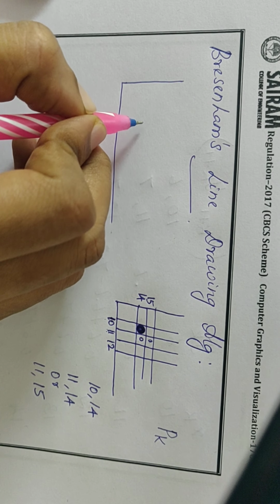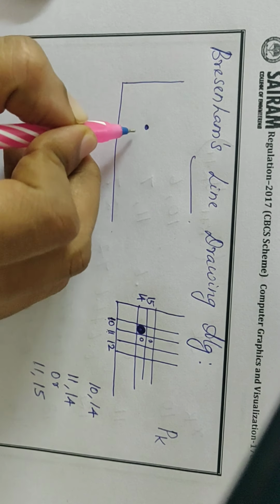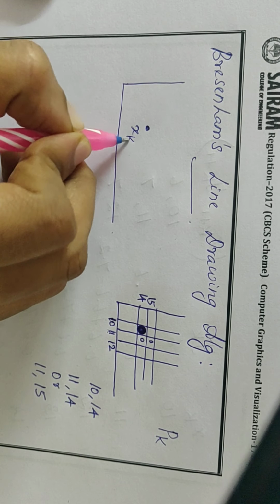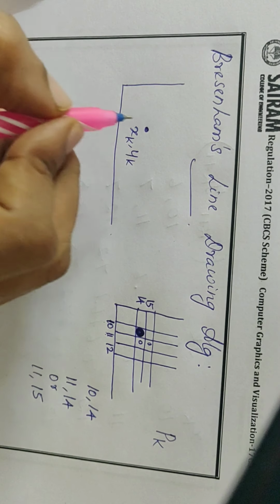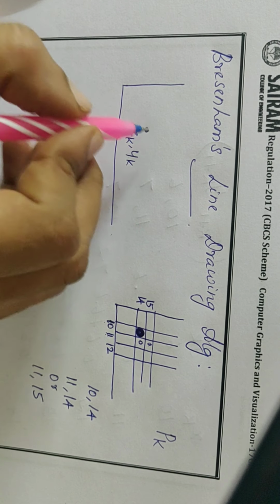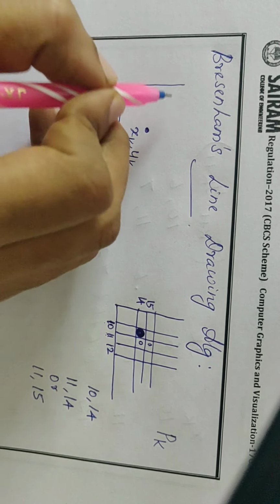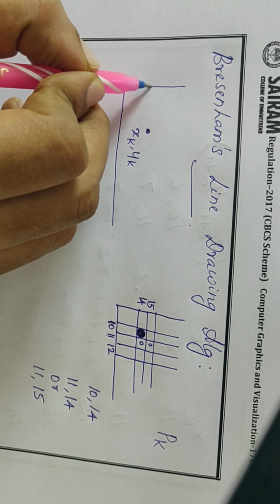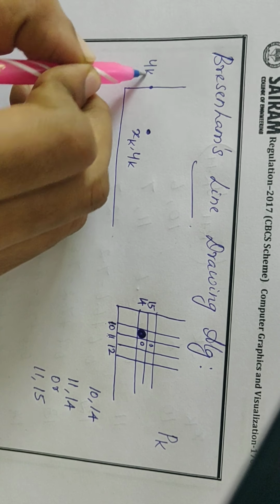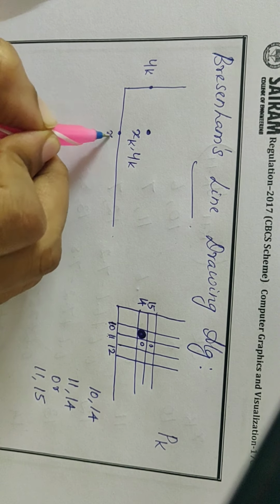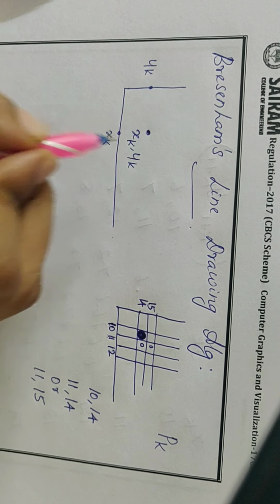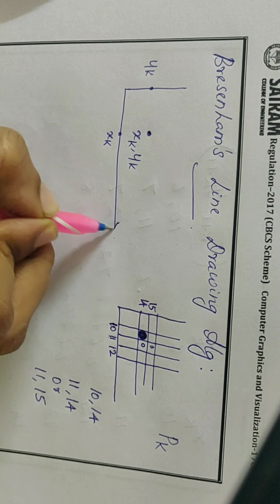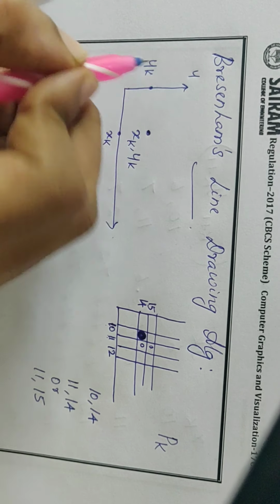So the current value is xk, yk. This is my yk, this is my xk, this is my x coordinate, this is my y coordinate.